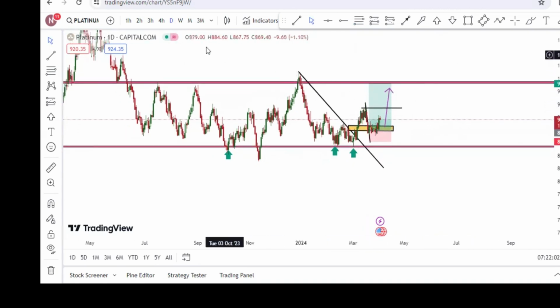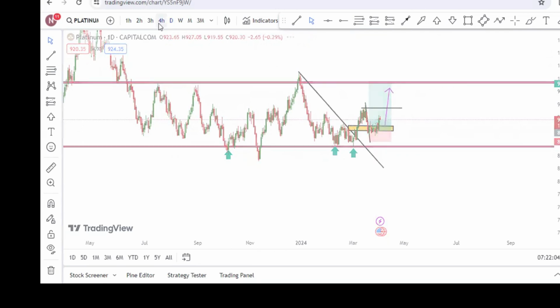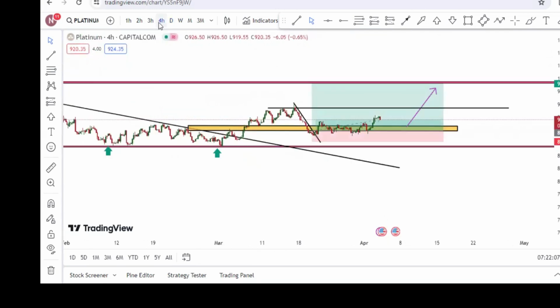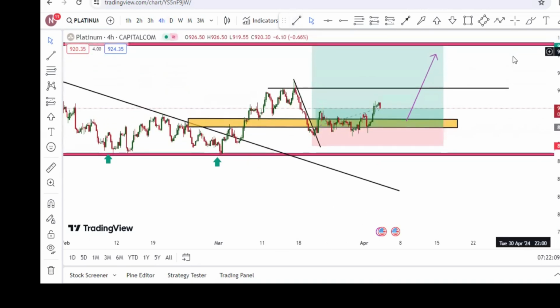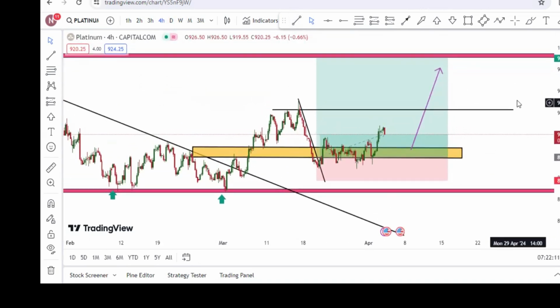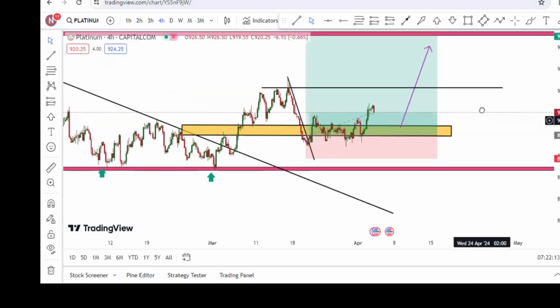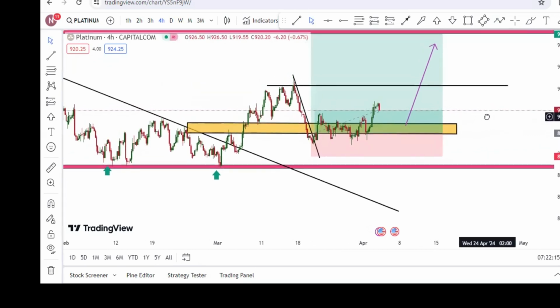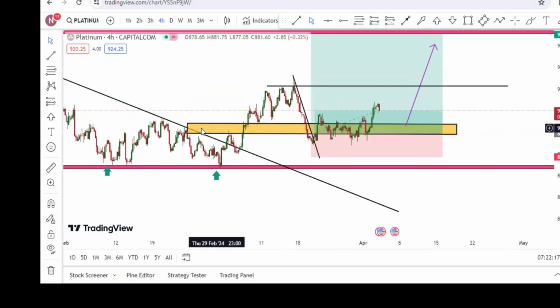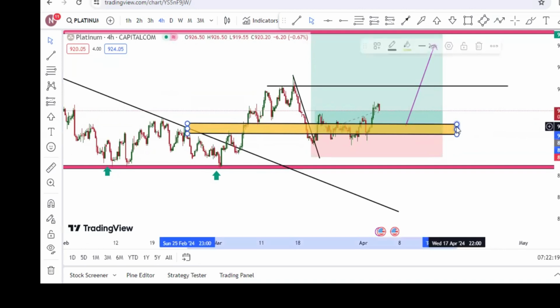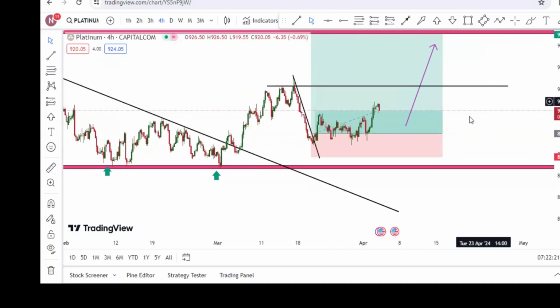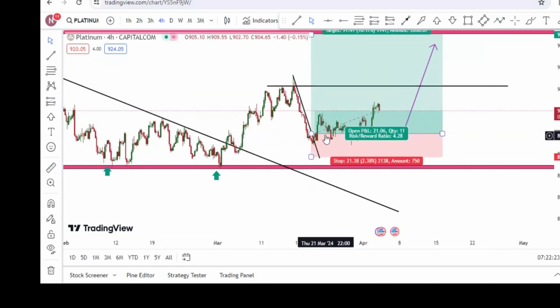And this is where I entered this trade on 4 hour. But this market has been retracing a couple of times. Let me delete this one. So I entered this trade exactly at this level where I can see a kind of bullish engulfing.